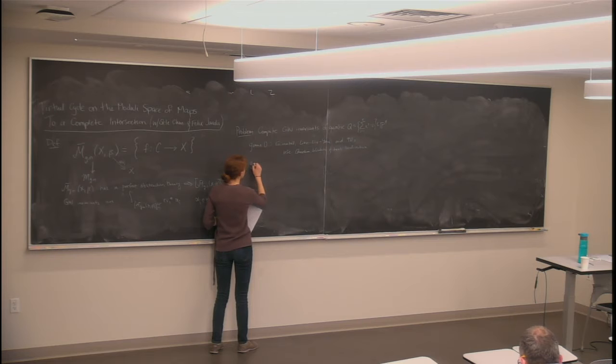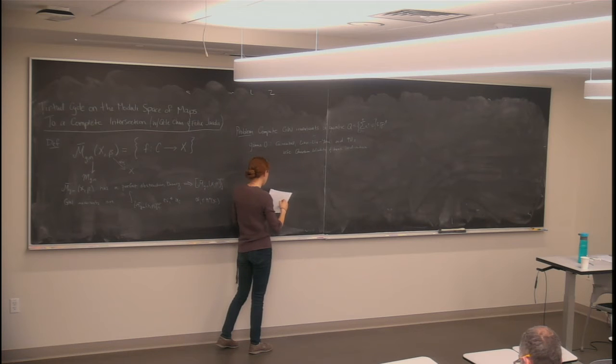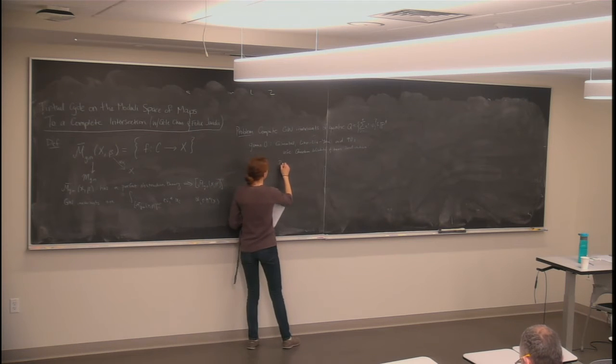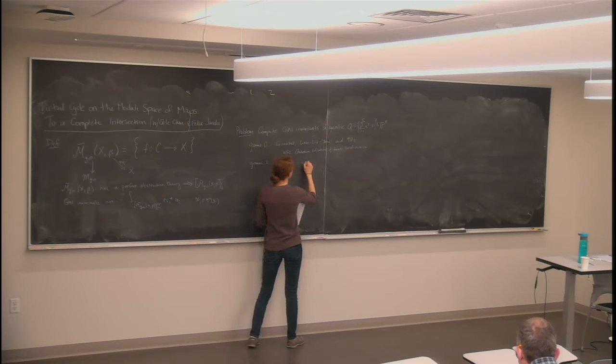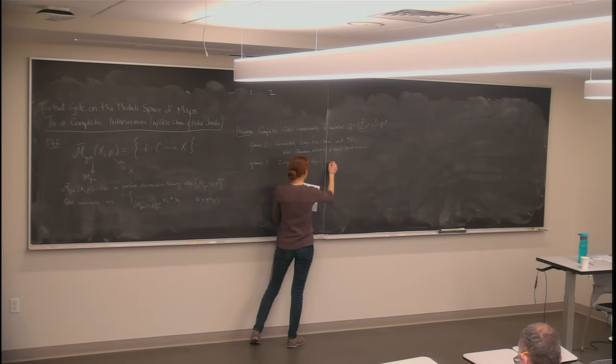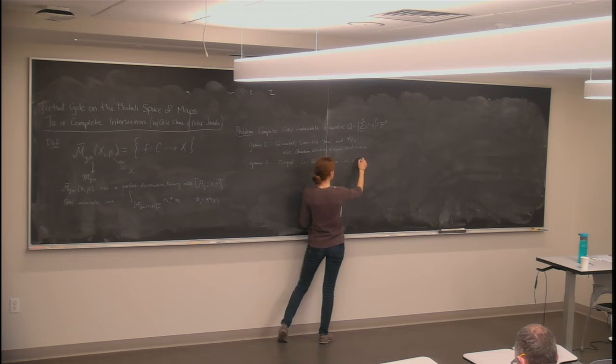So higher genus computations need something significantly different. Genus one was done by Zinger, and genus two by Guo-Janda-Ruan, about ten years later.